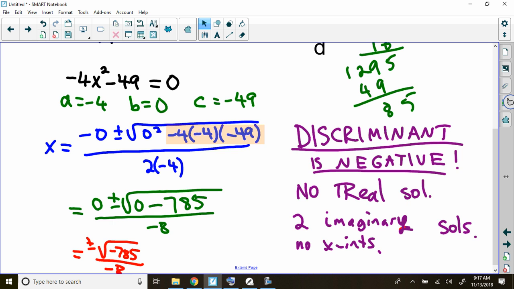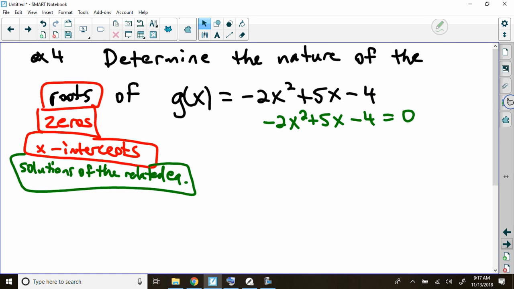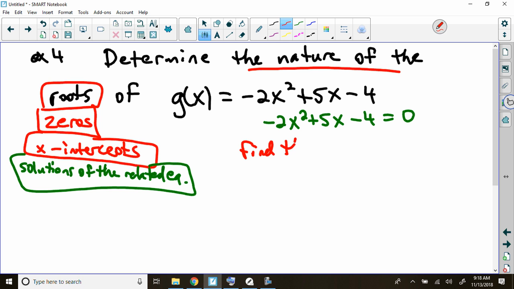There's going to be 2 imaginary solutions. So what they're telling you without telling you is find the discriminant. You got to see which category this fits into.